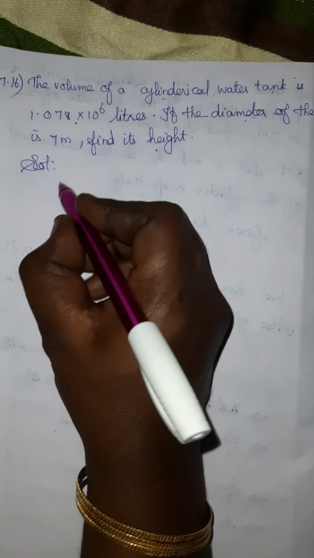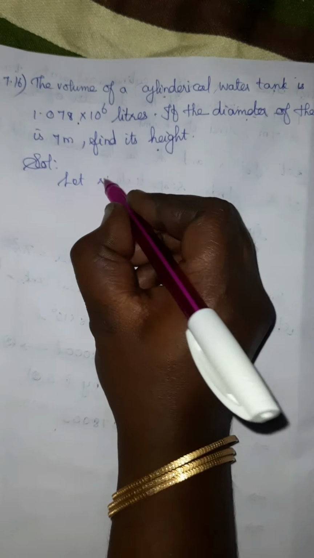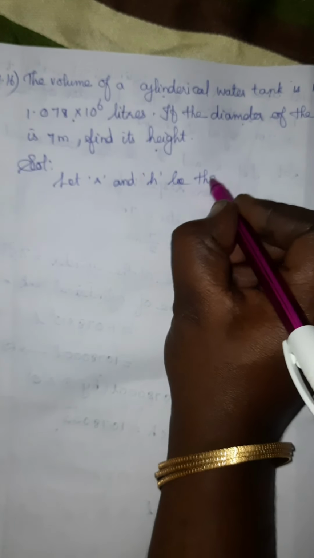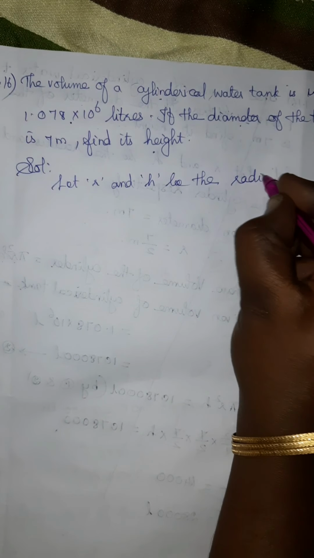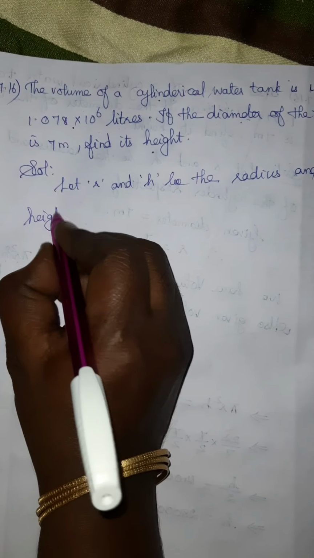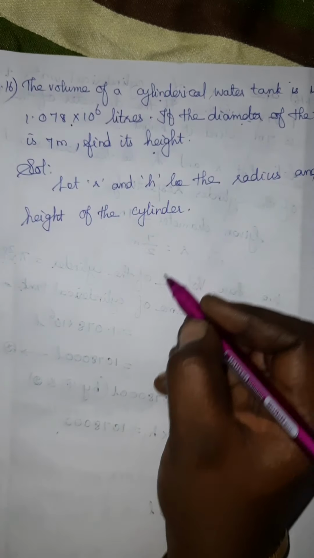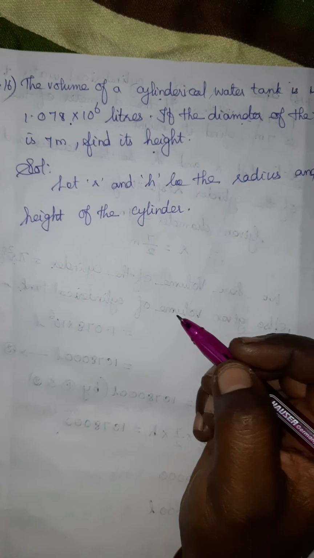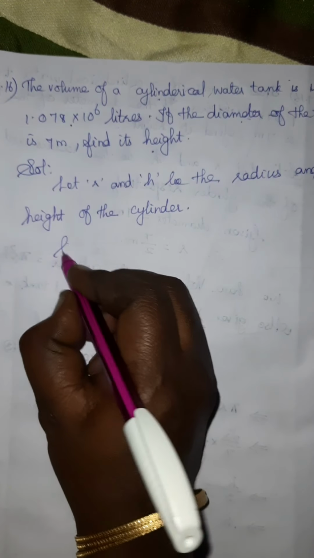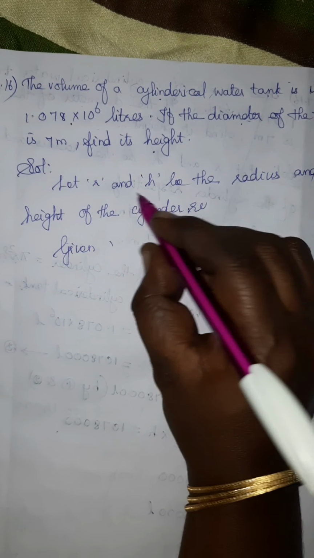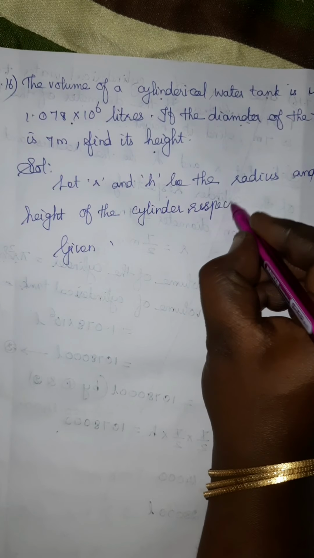Okay, first let r and h be the radius and height of the cylinder respectively. Two units we have written, no?